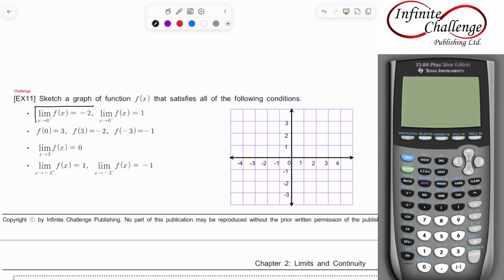Let's start off with thinking about what a graph would look like if, as it's approaching 0 on the right-hand side, it becomes -2. In other words, as this function f of x approaches a value of 0 from the right-hand side, its y value is going to get closer to -2. And so that would look something like this.